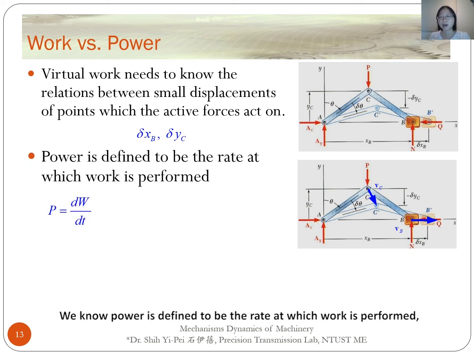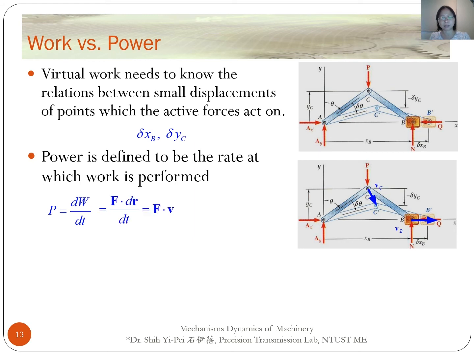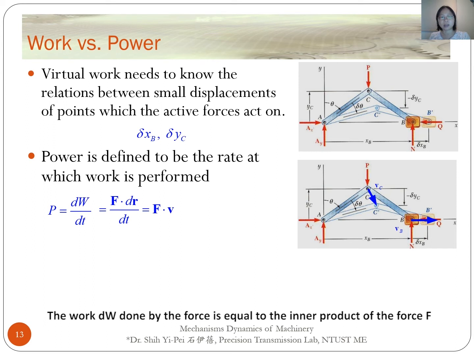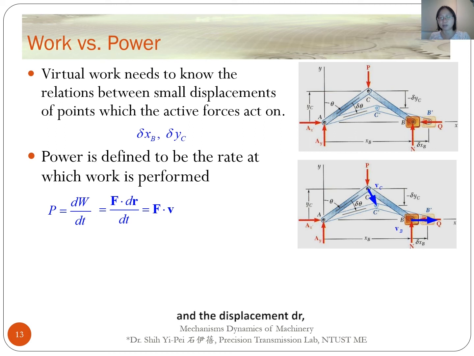We know power is defined to be the rate at which work is performed. It is the derivative of work over time. The work dW done by the force is equal to the inner product of the force F and the displacement dr. The displacement dr divided by the time dt is the velocity.